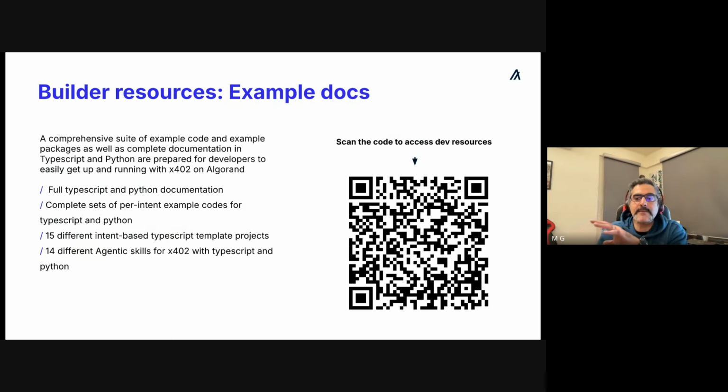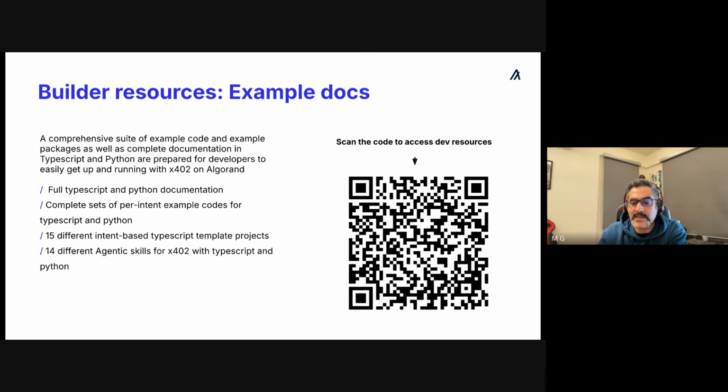For the examples, we intentionally spent a lot of time to make sure everything you need, in terms of either example code or example ready-to-use template packages, is available for you in either TypeScript or Python, so that no matter how you prefer to approach this, either reading some example code and then getting to work, or using prepared, custom, example packages, they're available.